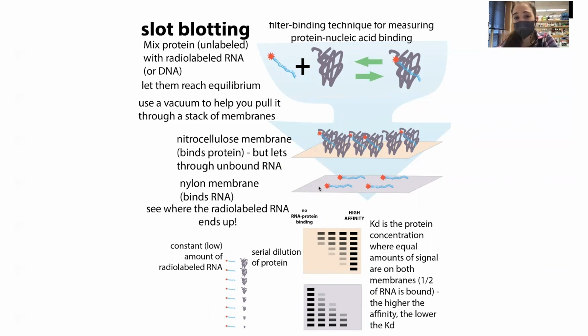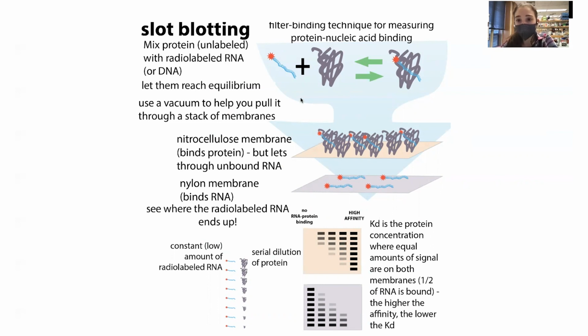The free nucleic acid is going to flow through, and then you see where the radiolabeled nucleic acid ends up. Because you're doing this with a range of different concentrations, you can get information about equilibrium thermodynamics.